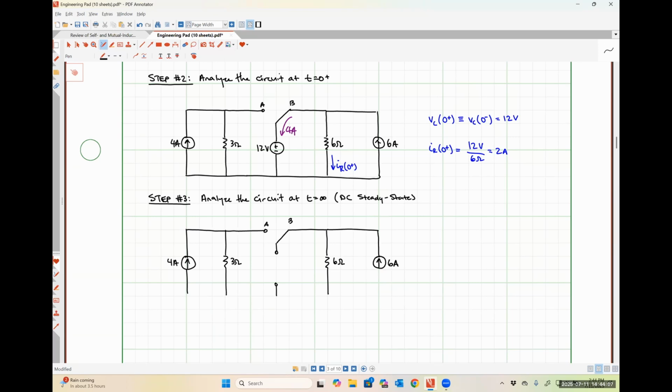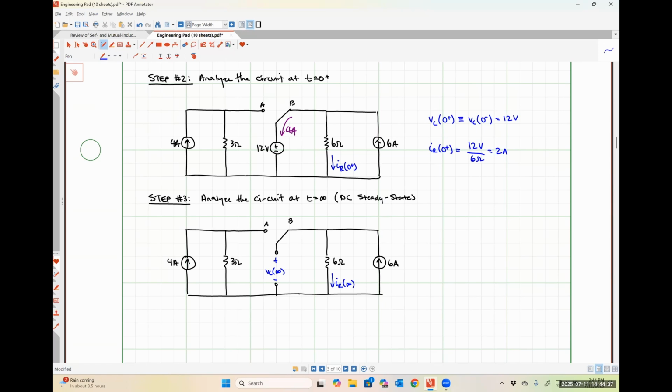Here is our 6 amp source. We're trying to find VC at infinity and IR at infinity. So does anybody have any thoughts on how we might determine either of those quantities?